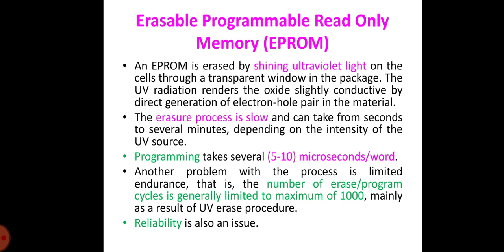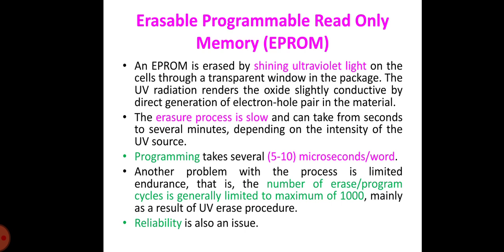Another problem with this approach is the limited endurance, that is, the number of erase-program cycles is generally limited to a maximum of 1000, mainly as a result of the UV erasing procedure. So reliability is also an issue, and the device threshold might vary with the repeated programming cycles, and most EPROM memories therefore contain on-chip circuitry to control the value of the threshold to within a specified range during programming.